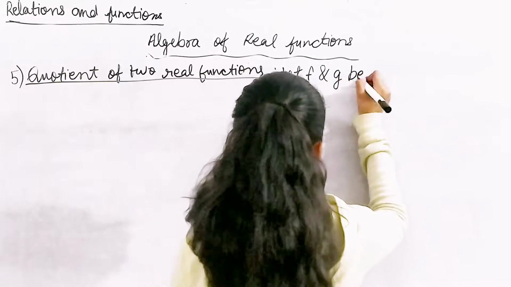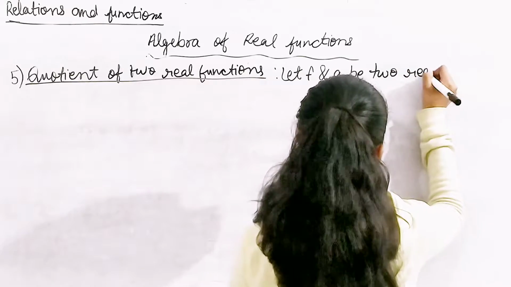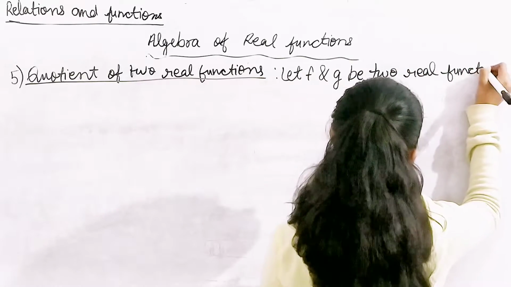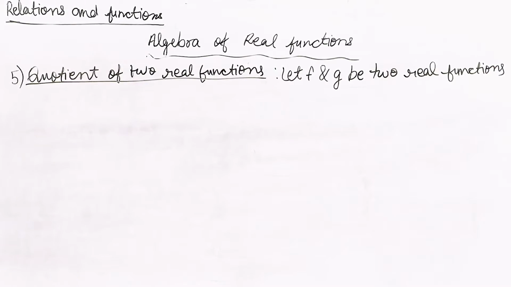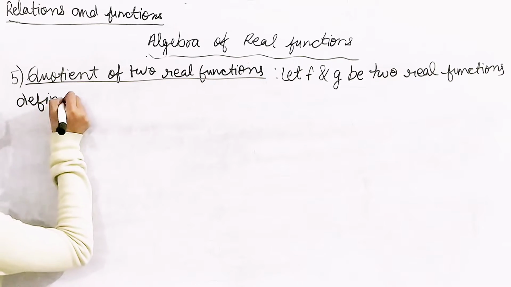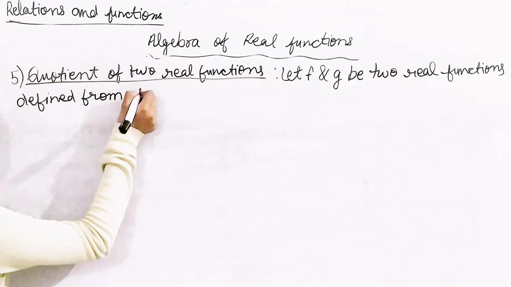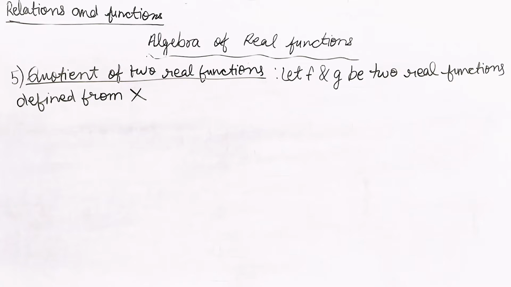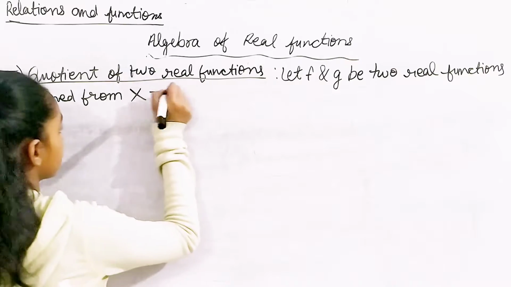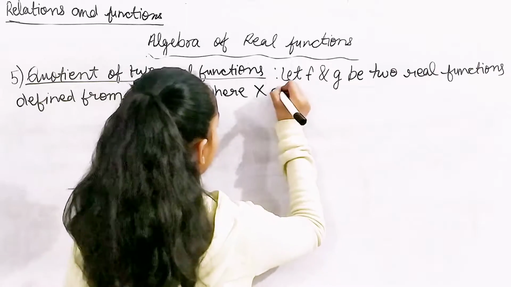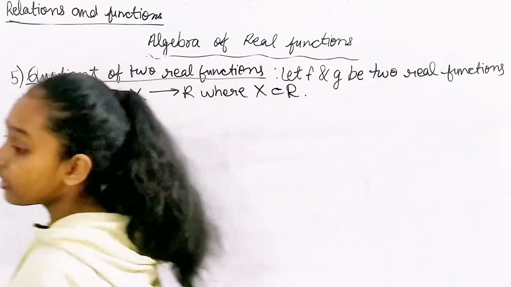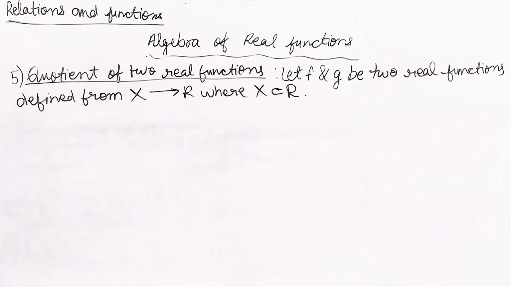Let f and g be two real functions defined from X to R, where X is a subset of R. One thing is that f and g are two real functions defined from X to R, and the second thing is that X is a subset of R.